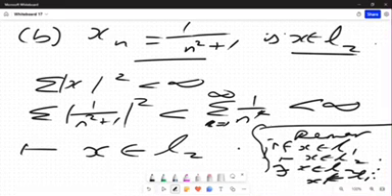Every sequence in L1 is also in L2, but we've seen a sequence which is in L2 and is not in L1. So that remark is very important. That remark will make us formulate a proposition.